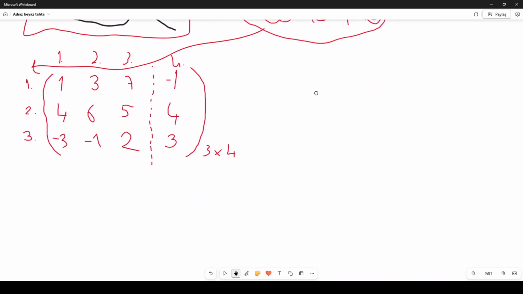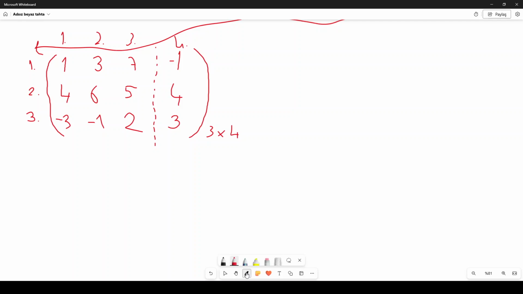Of course, before that let's define the Gaussian elimination method.